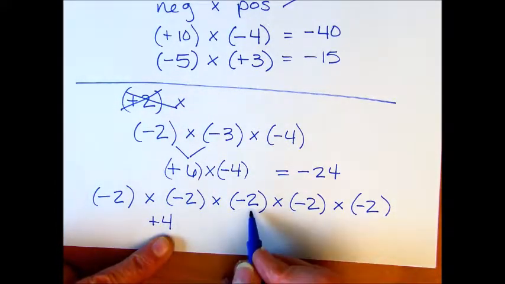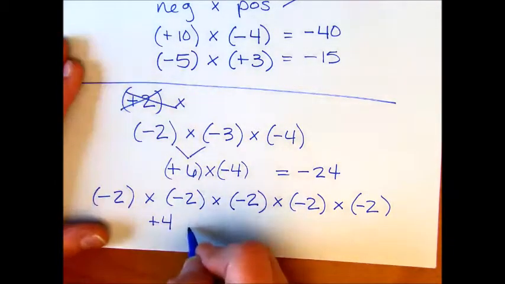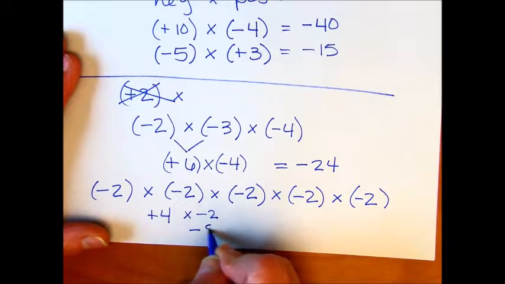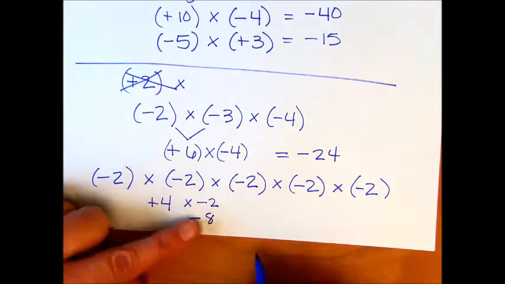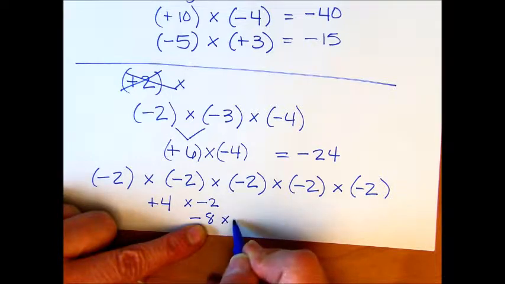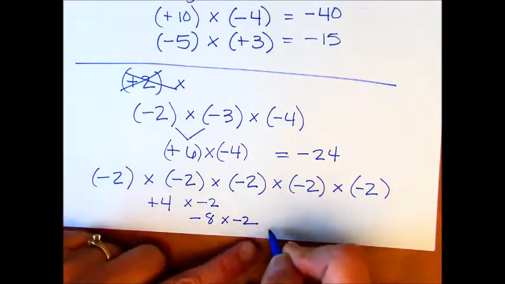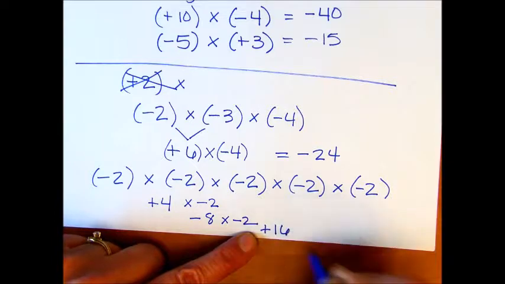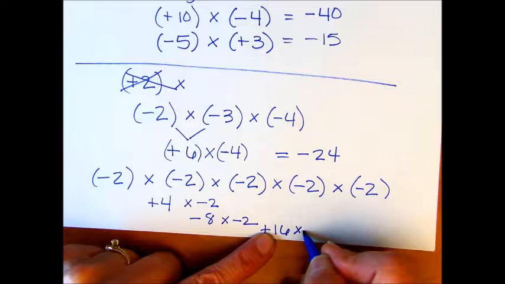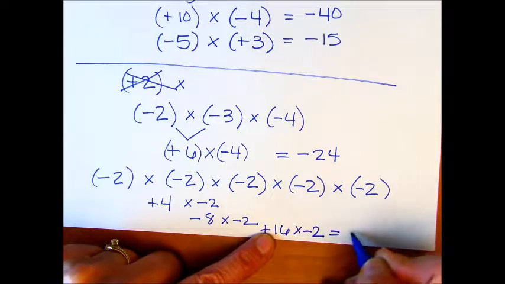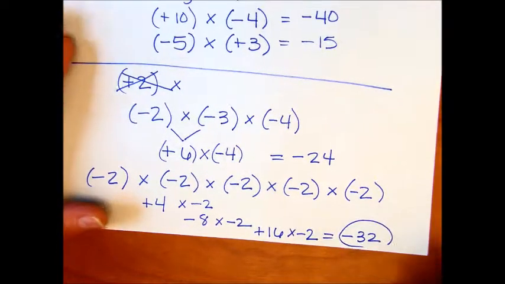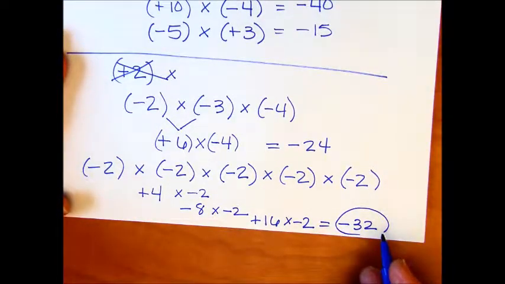Positive 4 times negative 2 will give me a negative 8. Negative 8 times negative 2 will give me a positive 16. Positive 16 times a negative 2 will give me a negative 32. Again, my answer is a negative number.